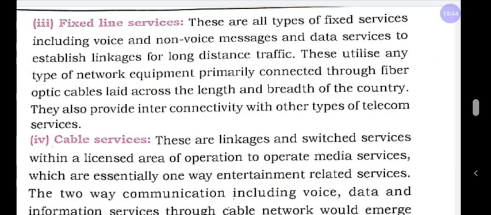That means you have seen the BSNL services, broadband. The very famous is broadband services. From that broadband you may use the internet, that is data, and also you can send a message, voice and non-voice message. This topic is a little bit technical, but you have to understand it in a simple manner.